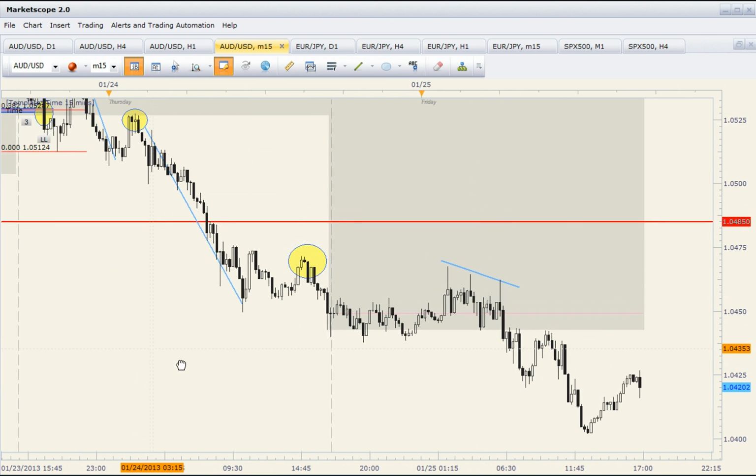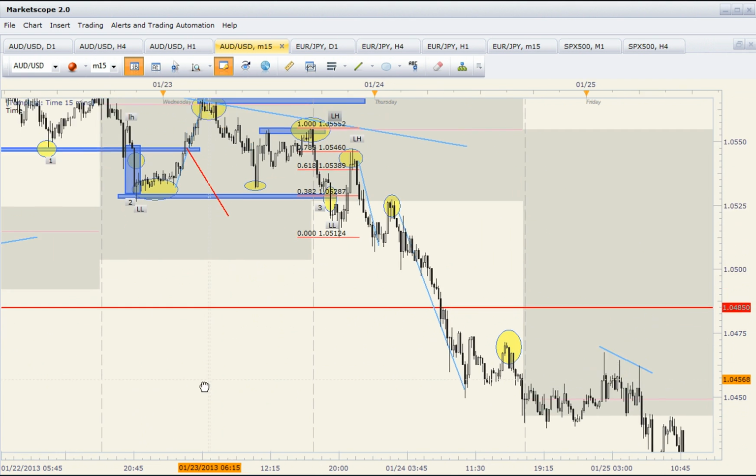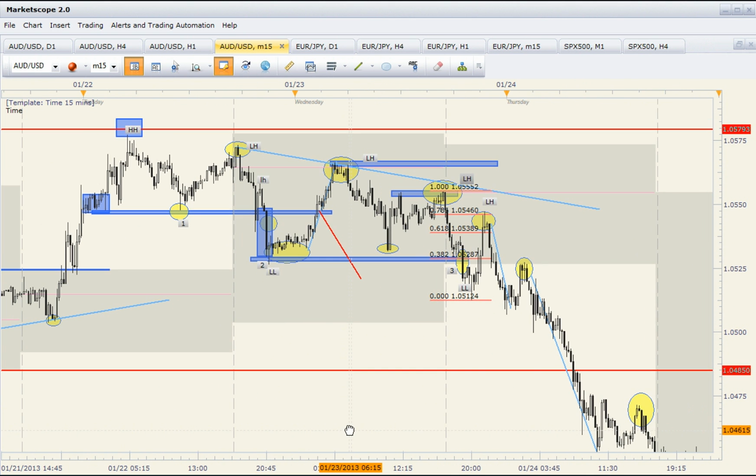But what I really, really want to get into, and this video is running on, is what price did and what price didn't do. What price did do, it kept creating new lower lows, breaking structure, breaking support structure, creating new lower highs, not going up here.